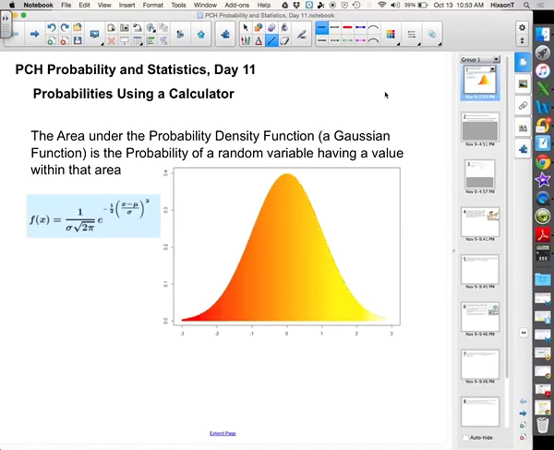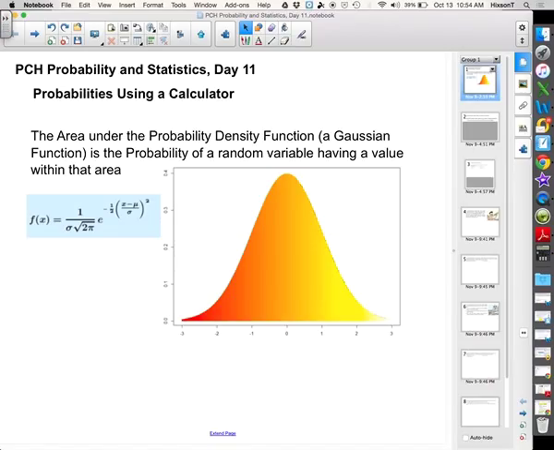Carl Friedrich Gauss, a mathematician, did a lot of work with this, so they call it a Gaussian function. But here we have our normal curve. In this case, the mean would be 0, and the standard deviation ends up being 1 for this specific one.